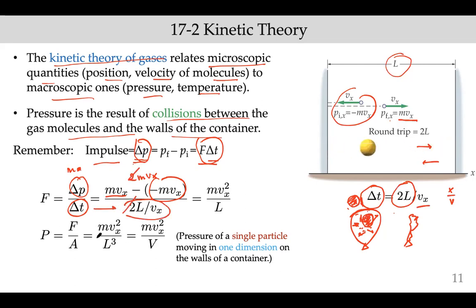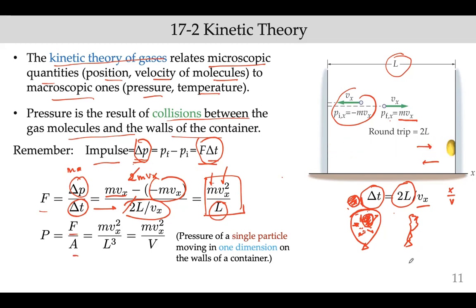And these two cancel out, and you end up with this value for the force. So that's the force that's felt by the walls from a molecule that bounces back and forth in a container where the length is L, and this is the mass of the particle, and this is the linear speed of the particle or the molecule in the x direction.